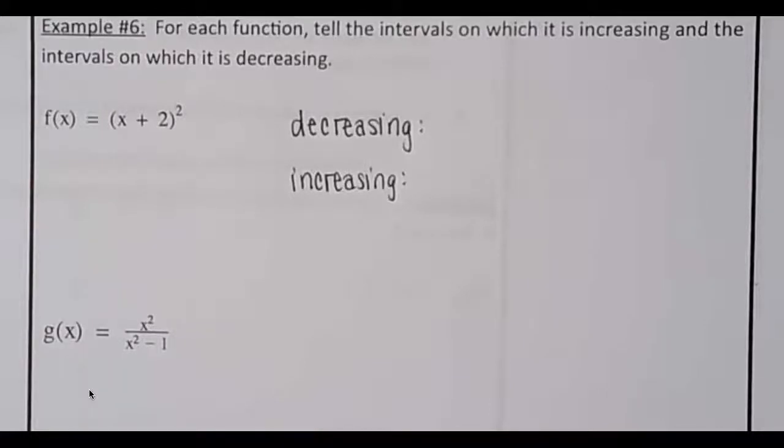Good question. With parabolas, at the minimum or maximum, it is going to be both increasing and decreasing. With absolute value, at the point, it is neither increasing nor decreasing. So parabolas are both, absolute value is neither, or anything with a point. At this one point, it is neither increasing nor decreasing.